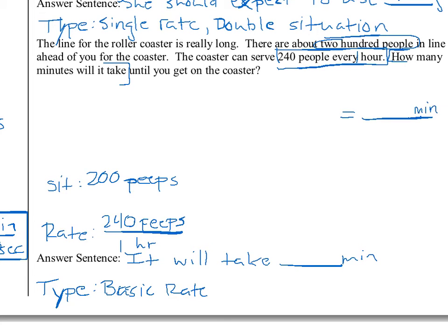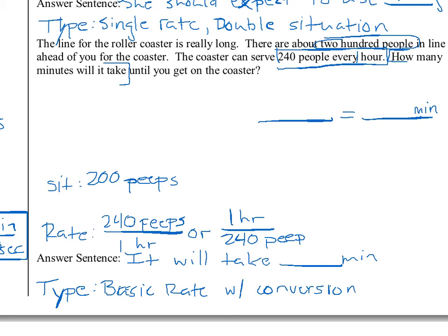Looking at my answer sentence, blank minutes. Here I have a problem. I don't have anything that's going to line up with minutes. I do have something that's very close, which is hours. So what that tells me is that this is not just a basic rate problem, it is a basic rate problem with conversion.